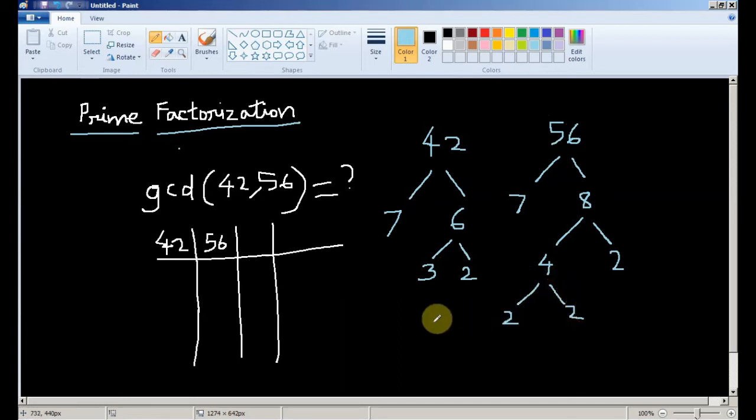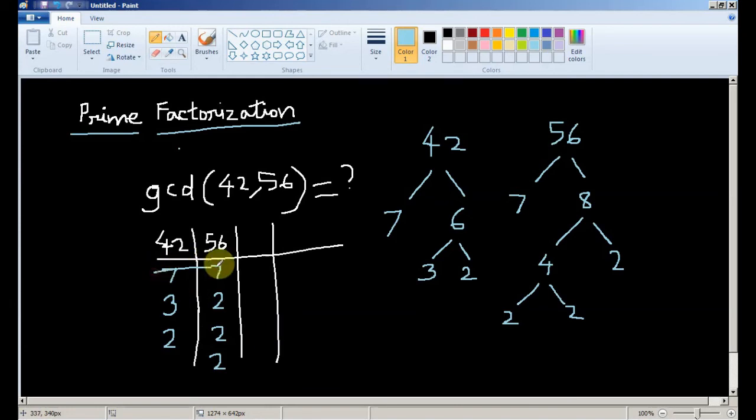So if you do that, you have to list all the prime numbers here. For 42, it is 7, 3, 2, and that's it. For 56 it is going to be 7, 2, 2 and 2. Just take all the outer ones.